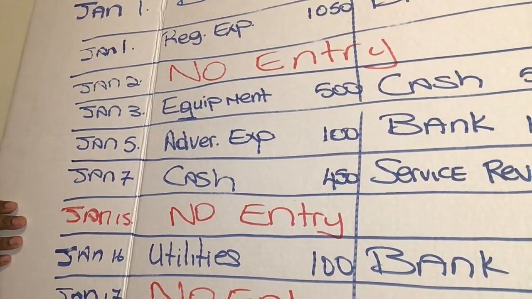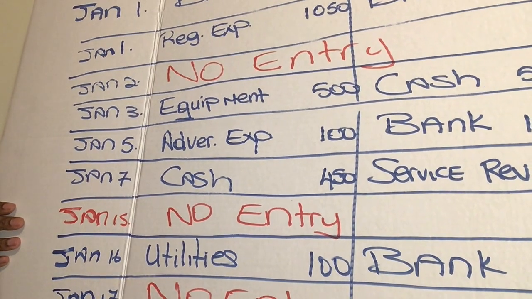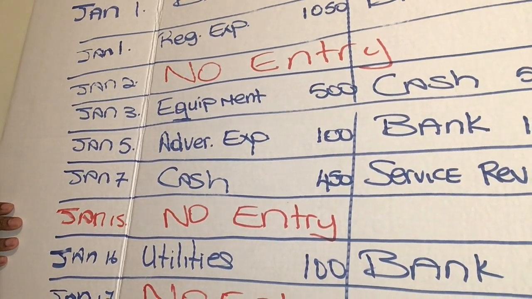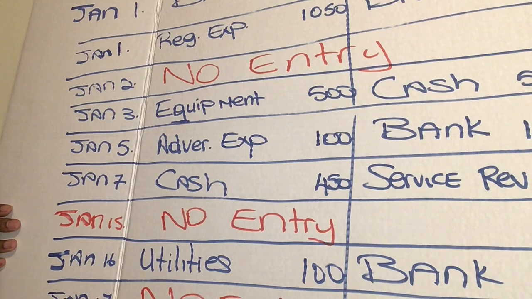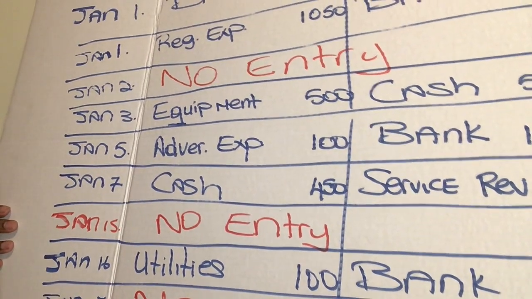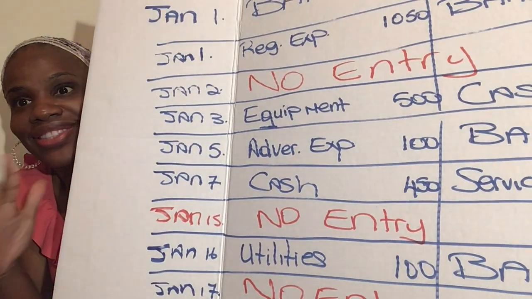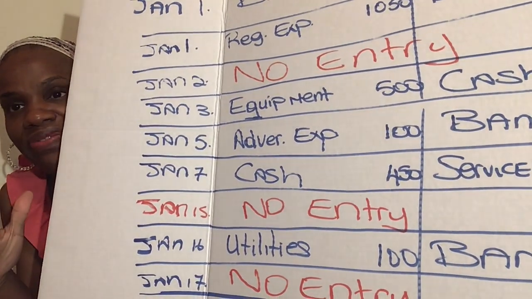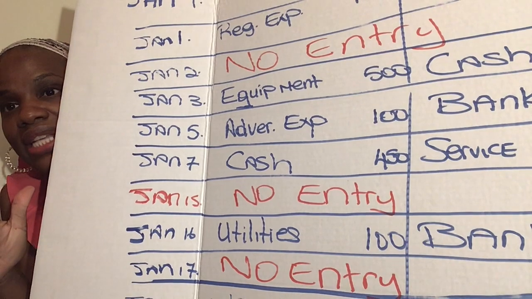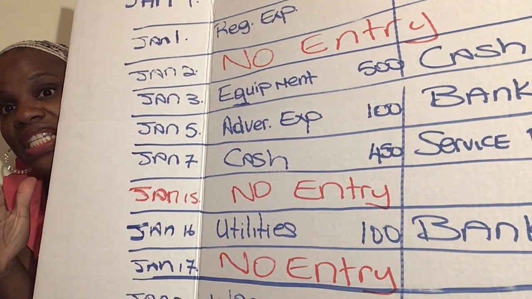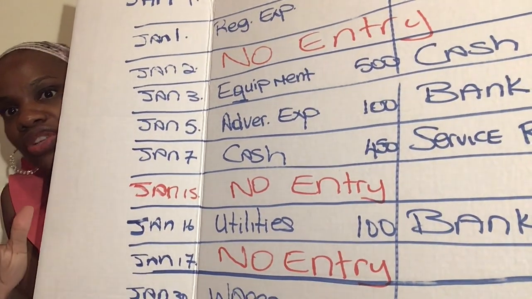On January 15th, she hired 2 full-time workers to be paid a salary of $1,050 each, cash, every 2 weeks. So conceptually, she just hired 2 people on January 15th, and the deal is they're going to get $1,050 each cash every 2 weeks.